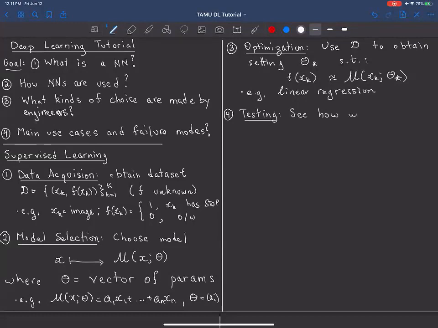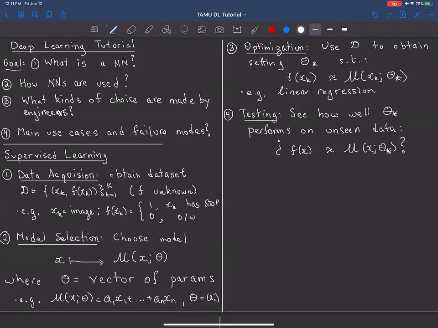See how well theta star, this setting of parameters you learned, performs on unseen data. What this means specifically is you take a new input x and you ask, is it true that f of x is approximately equal to M of x theta star?